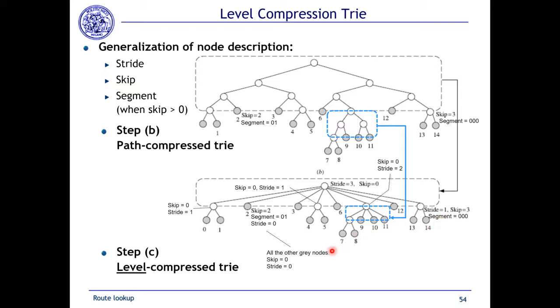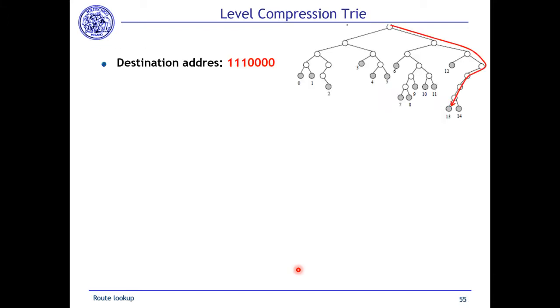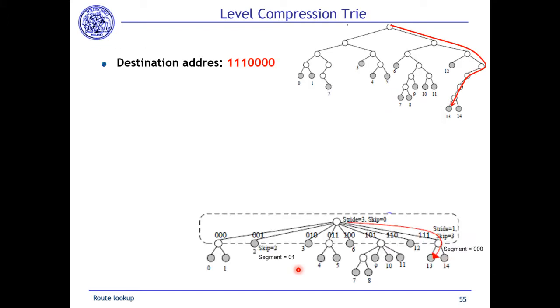All the other gray nodes can be associated to skip equal to 0 and stride equal to 0. So this is the transformation, and then you can try to do some lookup operations, like in this case.